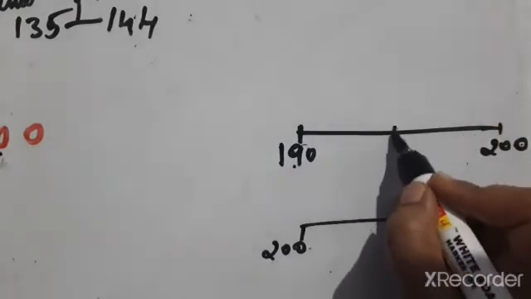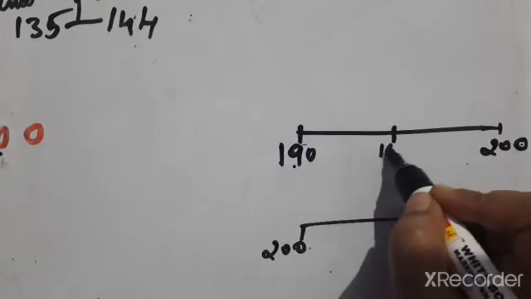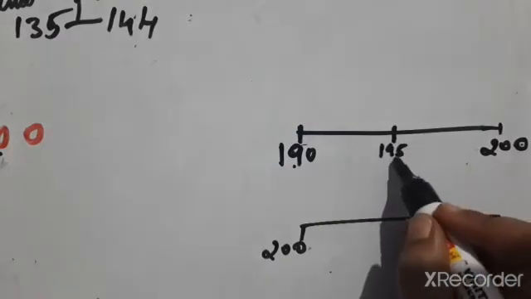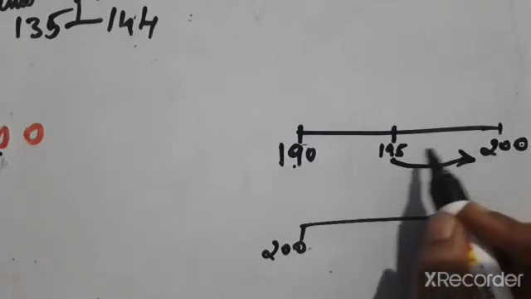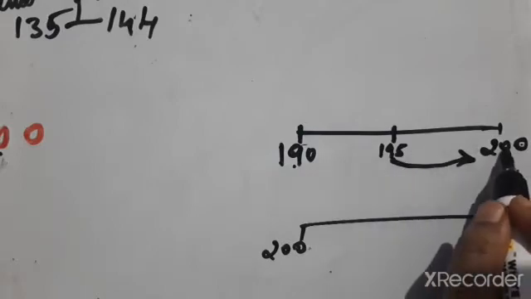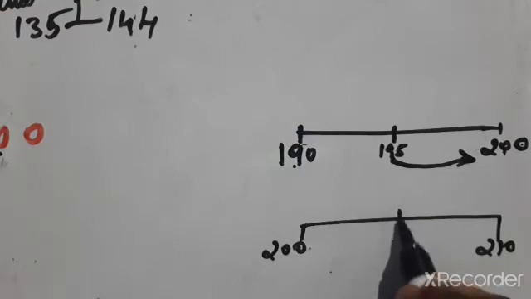So here exact 5 means 195. 195 and above that will round to 200. And here 200 means 205 is the exact middle.